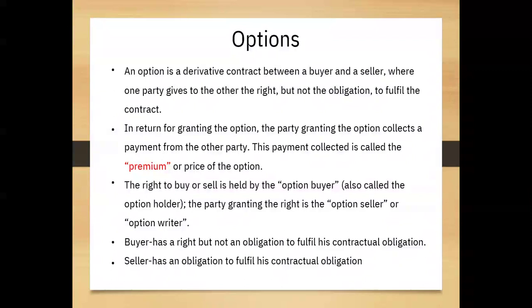Similarly, while we take token money or margin money, in options we use the word premium. The payment collected by the option seller from the other party is known as the premium or price of the option.